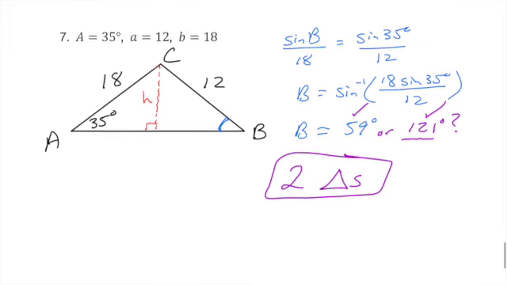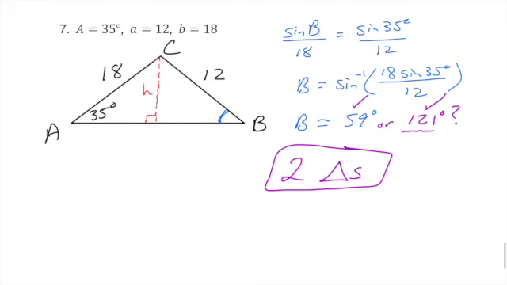If you like to use this kind of altitude method here that some teachers like, some textbooks like, and I like, you just drop that altitude down. You don't have to use the law of sines, but you find that fixed distance. Sine of 35 is opposite over its hypotenuse, and I'm focusing on this right triangle here, so 18 is the hypotenuse in that.